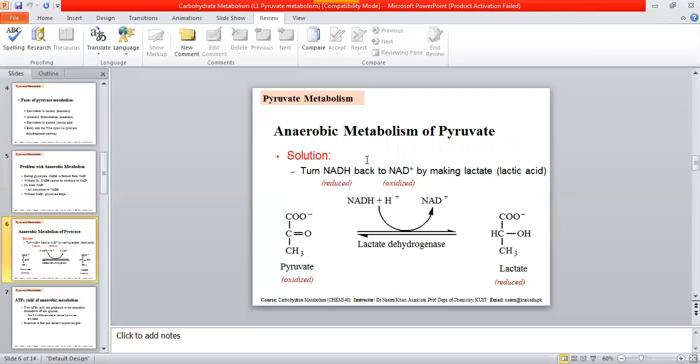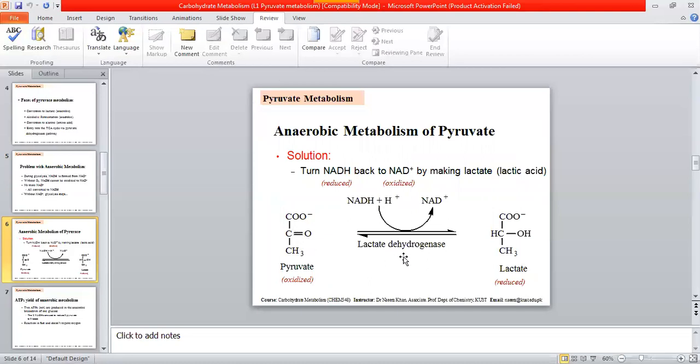In the anaerobic metabolism of pyruvate, one pathway is the conversion of pyruvate into lactate, by this mechanism. Here we can see that pyruvate is actually the oxidized form of lactic acid.